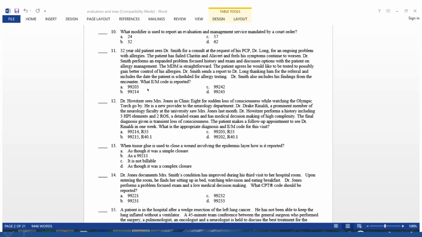If I'm looking for consultations, I turn to page 2 in my reference pages. Consultations, it says go to page 19. But now remember the subcategory. I know it's a consultation, but what type? Is it inpatient or outpatient?